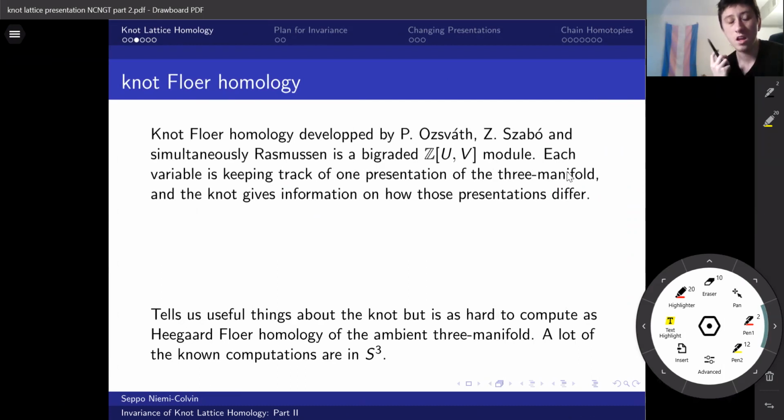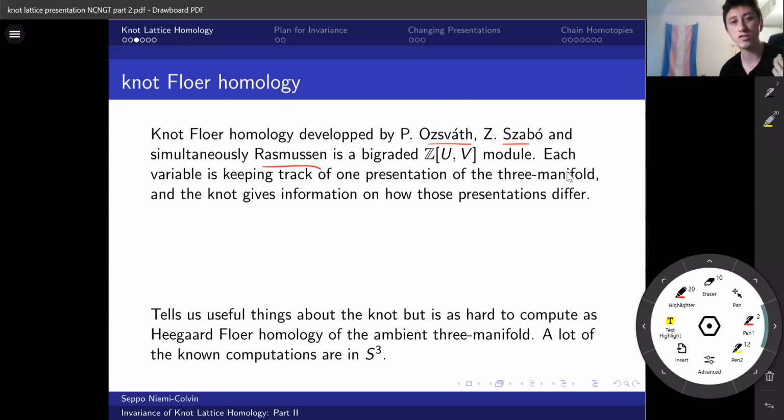So last time, we had the broader context of Heegaard Floer homology informing what we were doing, because lattice homology was attempting to compute it. In this case, we are going to be working with knot Floer homology as our broader context. Knot Floer homology was developed by Ozsváth and Szabó and simultaneously Rasmussen as a bigraded Z adjoining U V module, where U and V are formal variables, each with a -2 grading in a different grading.